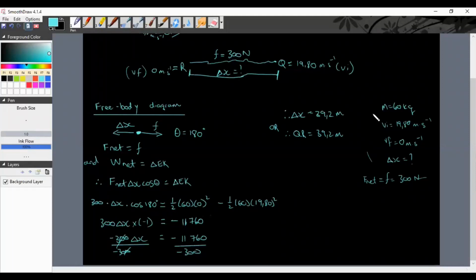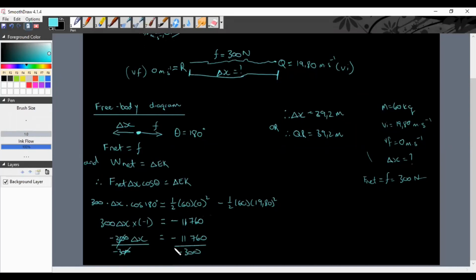Then I subbed it in, divided by 300 the 11,760, and got a negative answer. So you divided it by positive 300? No, negative. So this was negative and this was positive 11,760.